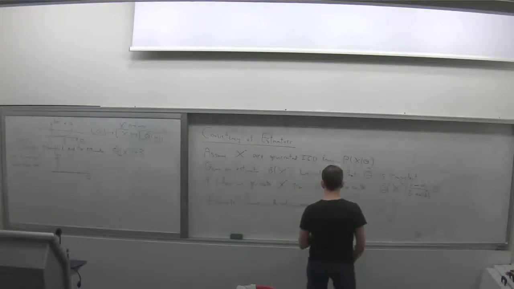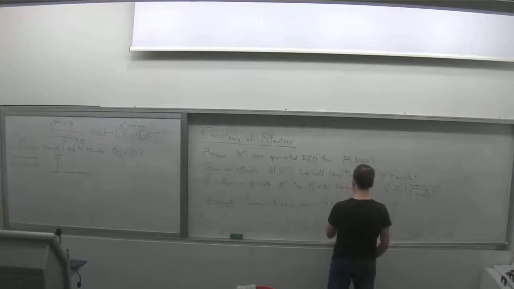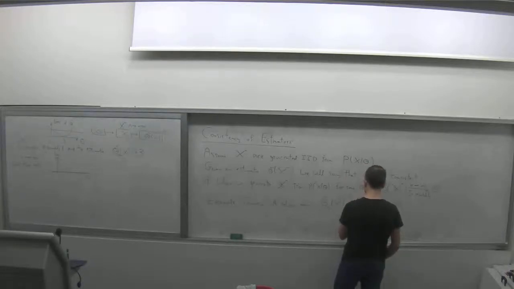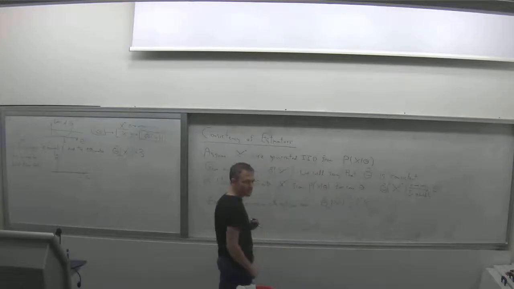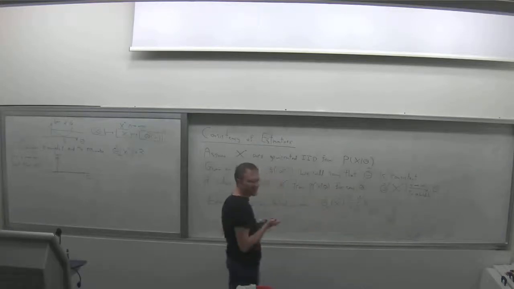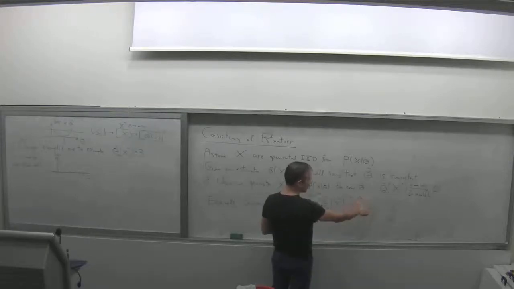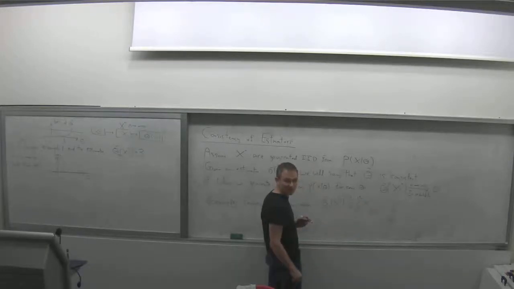In this case, we saw that the ML estimator is this thing, that's what we saw last time, an hour ago. So let's ask ourselves: is this thing consistent? What do we need to do? We need to consider what happens if n goes to infinity.